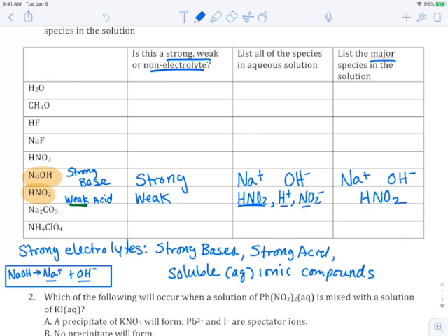All right. So next up, let's try the water up here. So what is water? A strong, weak, or non-electrolyte? All right, so I'm seeing lots of non, and that is correct. So water is a molecule, so it's going to stick together.